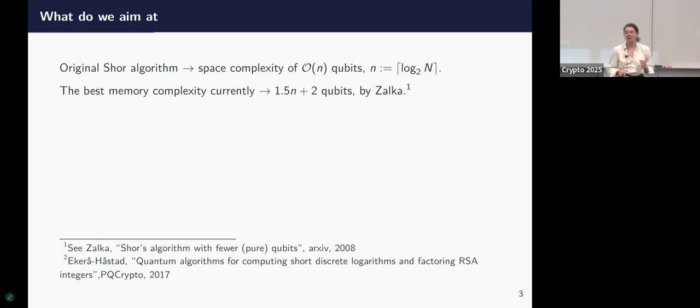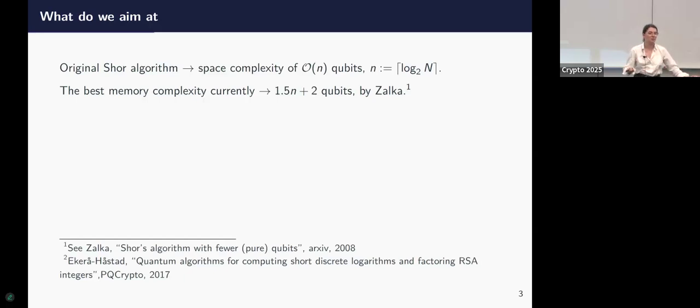Now, there's a typo in the slide. It should say that, before our work, the best memory complexity of Shor's algorithm was 1.5n plus a very small amount of qubits, and it was due to a memory optimization presented by Zalka.